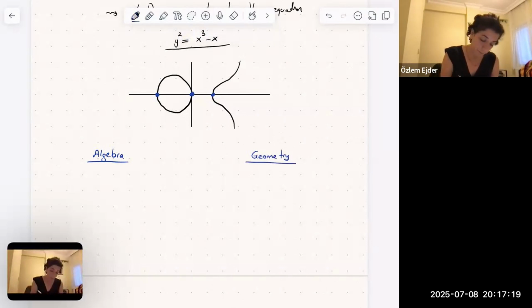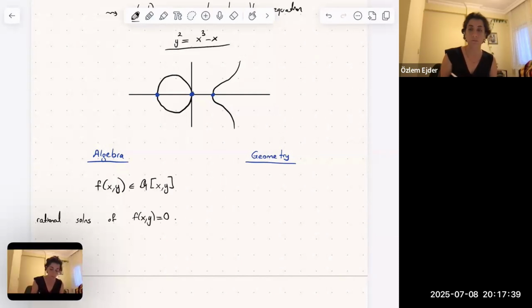On the algebra side, we have a polynomial in 2 variables, f of x, y, defined over the rationals, and you're looking at the rational solutions of f of x, y equals 0.